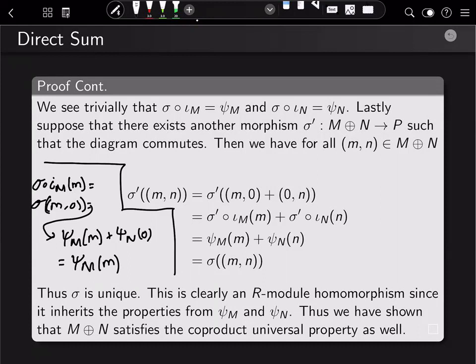Okay, so we're going to suppose that there's another morphism, sigma prime, that maps the direct sum of m and n into P such that the diagram commutes. Then for all (m, n) in the direct sum, here we're going to split up the summand into (m, 0) plus (0, n), because we're assuming that there is another sigma prime that makes the diagram commute.